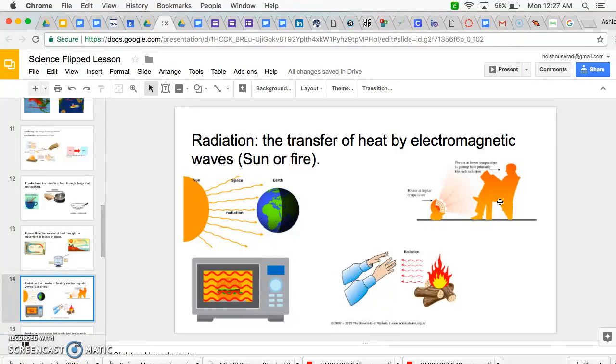I really had to think the other day that when I had my fireplace on and was sitting in front of it, it is through radiation that I am warm. But as it heats my room, that hot air rising, cool air sinking, is convection. The fireplace heats me through radiation, and it heats the air in my room through convection. In this example, the fire is heating the person, so this is radiation.